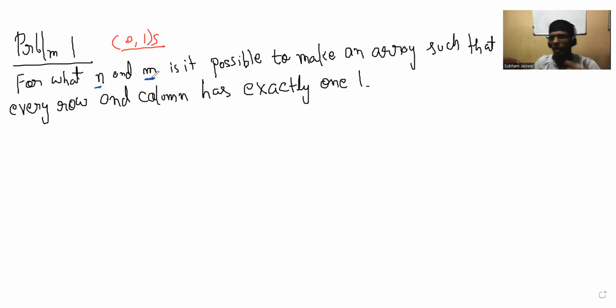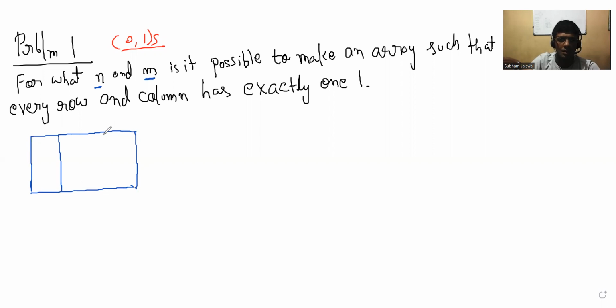Like, is it possible for a 2 by 3? A priori, there are several ways to do it, so that's why we have to give some explanation. If I make a 2 by 3 grid, is it possible to fill this with zeros and ones so that every row has only 1, 1, and every column also only 1, 1?